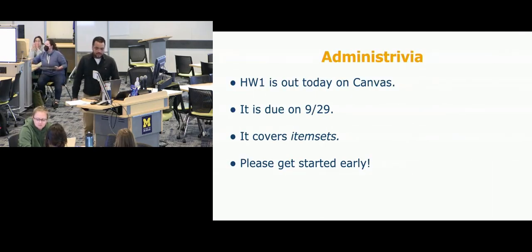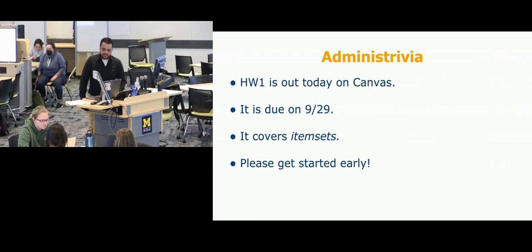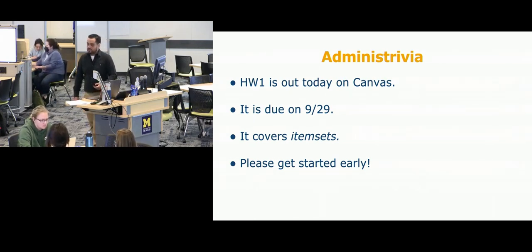First, some administrivia. As I just said, for those of you who came a little late, homework 1 is out today on Canvas. So please have a quick look and come to our office hours, come to the discussion labs, and it's always good to get started early, right? It's due in about 2 weeks, Friday the 29th.